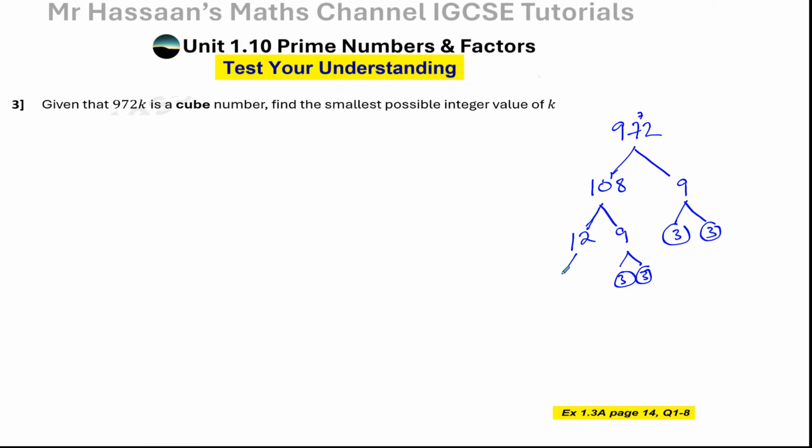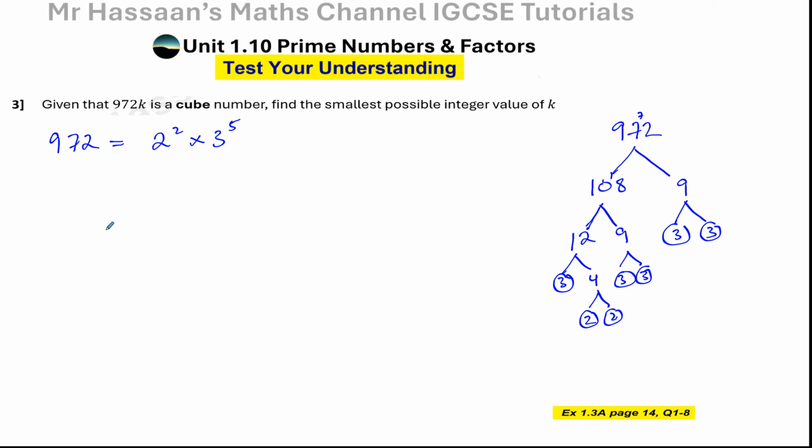And the 12 becomes 3 times 4. And the 4 becomes 2 times 2. So we end up with 972 is equal to 2 squared times 3 to the power of 5.